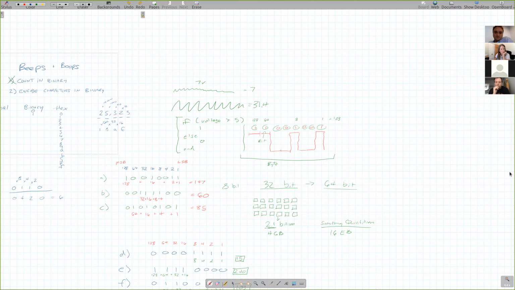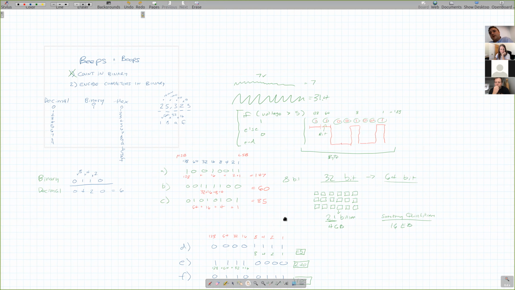So if you're going to take 4 bytes and convert it to 32-bit, you're going to keep following that same rubric of 1, then 2, then 4, then 8, then 16? Correct. Yep. Just keep going.